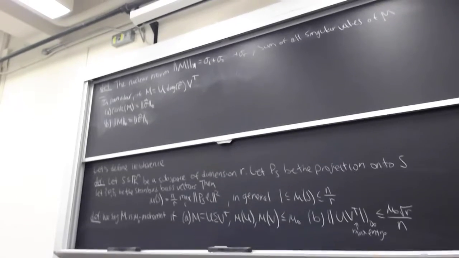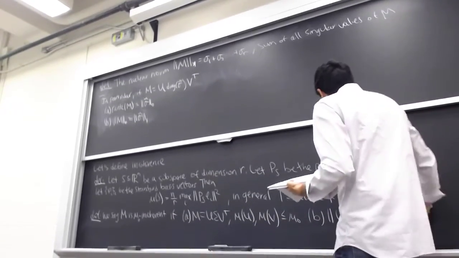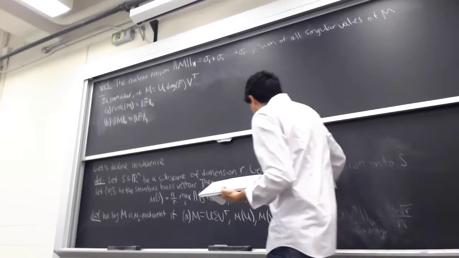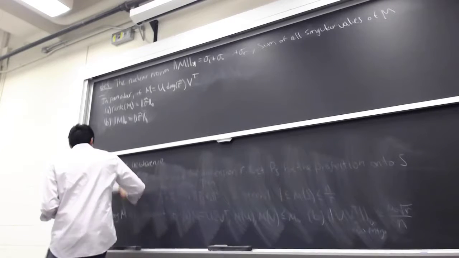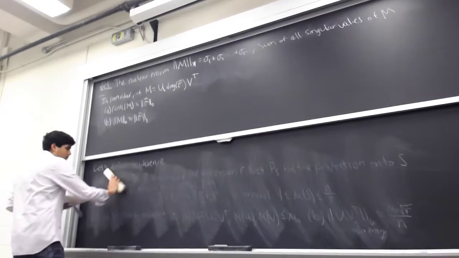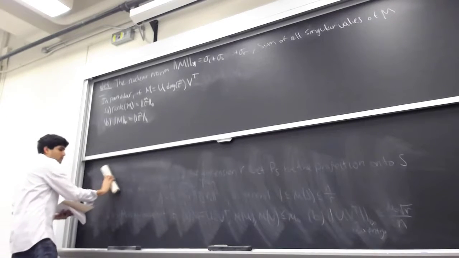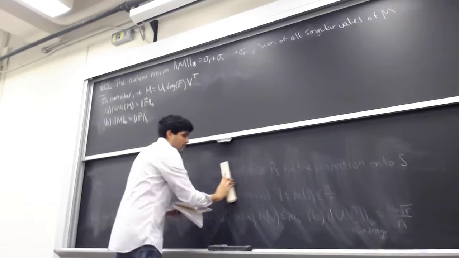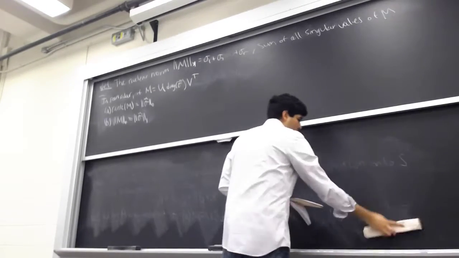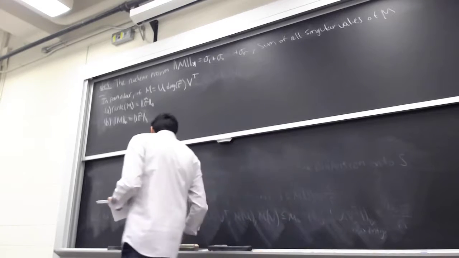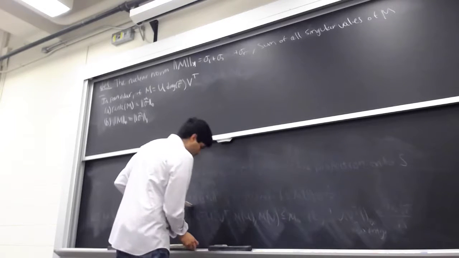We want to think about how we can show that any other solution that's not the true matrix has larger nuclear norm. So first thing I'm going to do is give you a dual characterization of the nuclear norm. So let's do that.